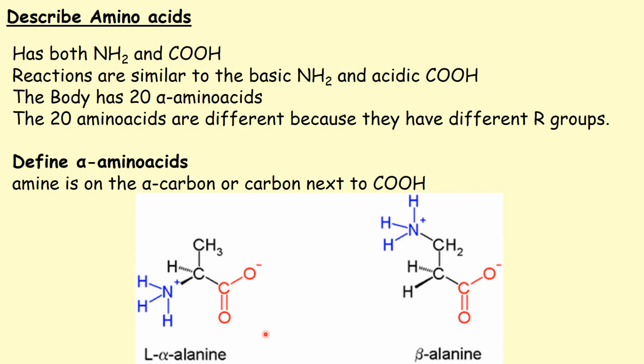Now this is different from another type of amino acid called beta amino acids. Here the amine group in blue has 2 carbon atoms between it and the carboxylic acid group.